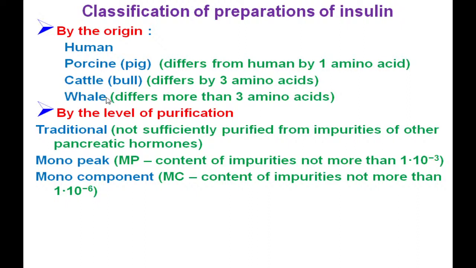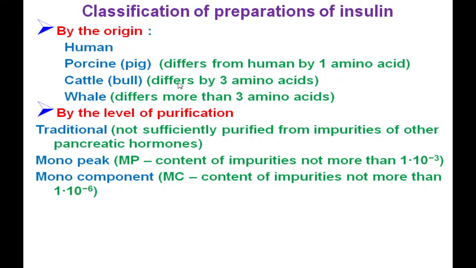Nowadays, we are able to produce human insulin by the methods of genetic engineering. Of course, we should understand that it's much better to use human insulin. Among animal insulins, the best is porcine, because it differs from human by only 1 amino acid.